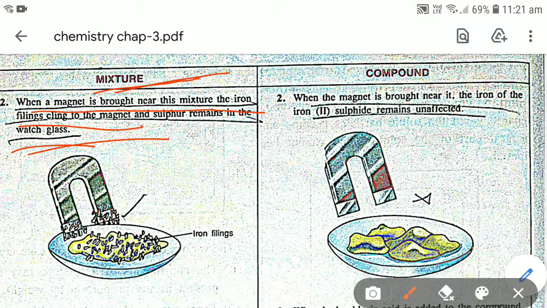Whereas in the compound, when the magnet is brought near, the iron sulfide remains unaffected. Why? Because the iron and sulfur have formed a new substance, a compound, which looks like a black shiny substance. That is why the compound remains unaffected.